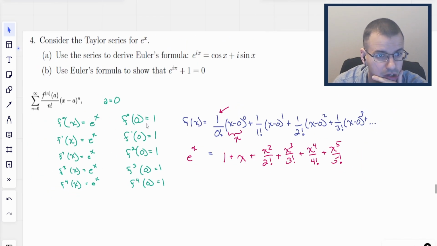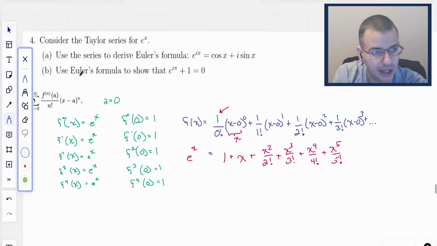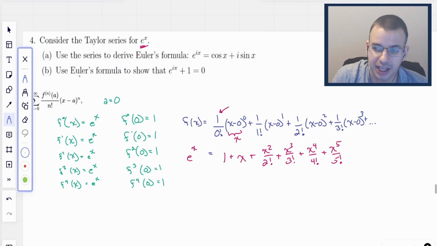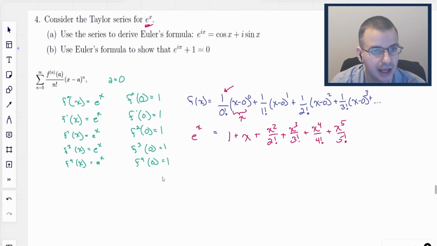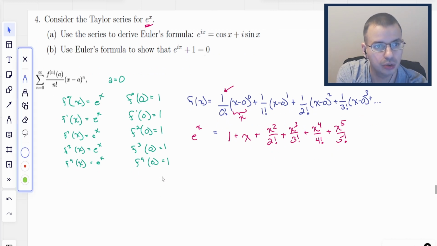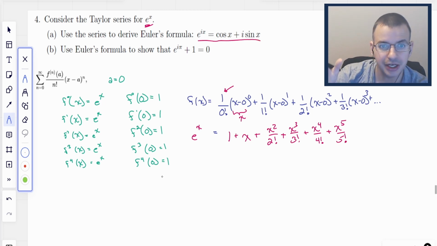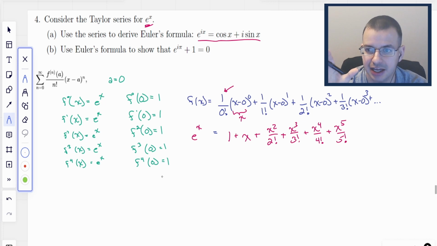All right, so now that we've used the Taylor series for e to the x, we're going to apply that to prove Euler's formula. What we just did was convert e to the x to a summation of polynomials.